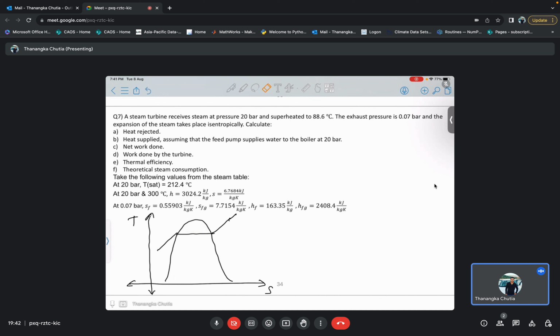And then your condenser pressure is given to us. P C is equal to 0.07 bar.